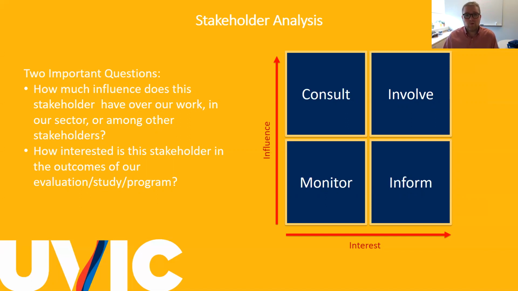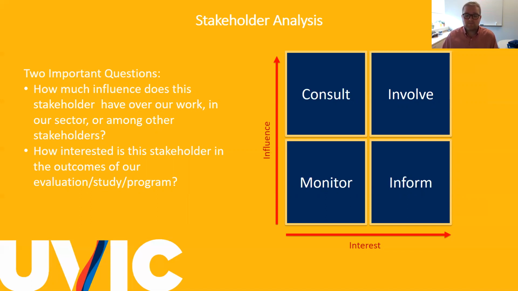Incorporate them into asking what research questions we should ask, what the things are that need to be evaluated, and who else we should bring on board. This sort of deep involvement, more than just superficial, is really what we want for those who are influential and interested, because they're going to have a lot of ability to impact what happens with your results in the end.